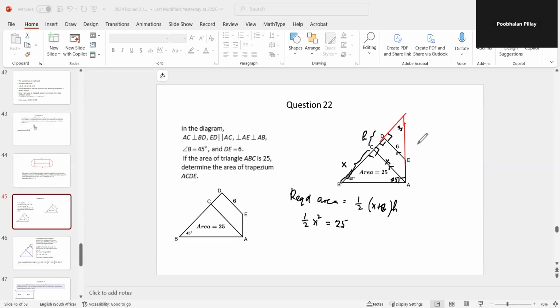So that is also 90 degrees. This is 45. So this will have to be 45 because you've got a small right angle triangle with one of the angles 45. And that allows you to say that this triangle here, let's call this F, this DEF, is an isosceles triangle, which means that DE is equal to DF. So that is 6.